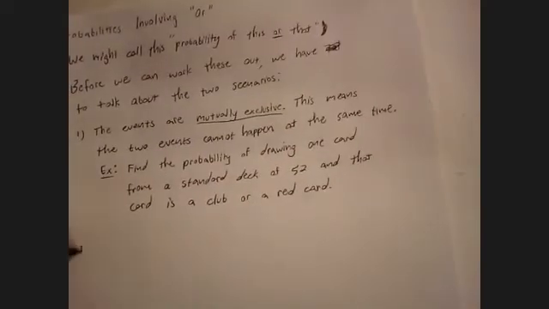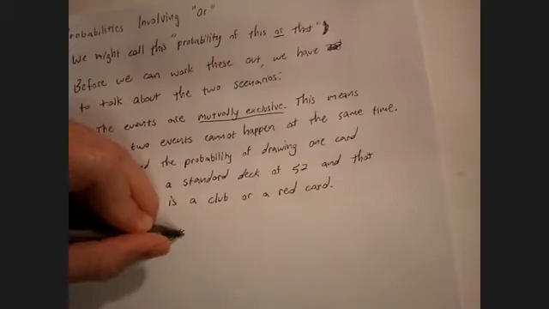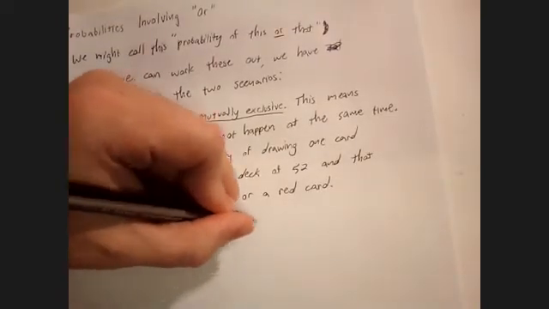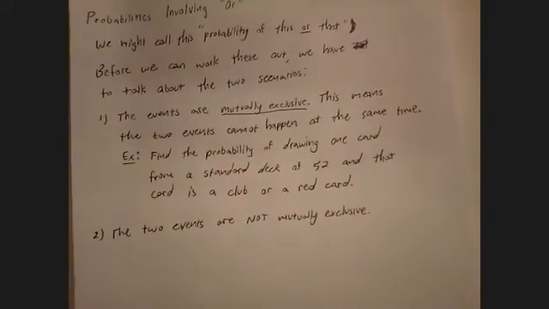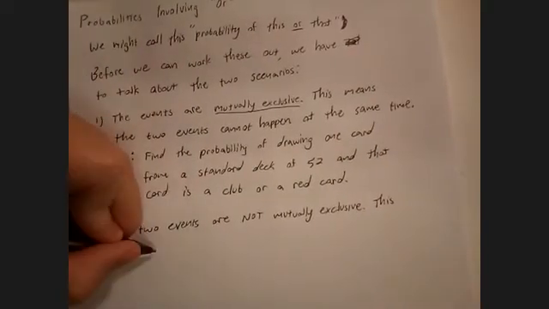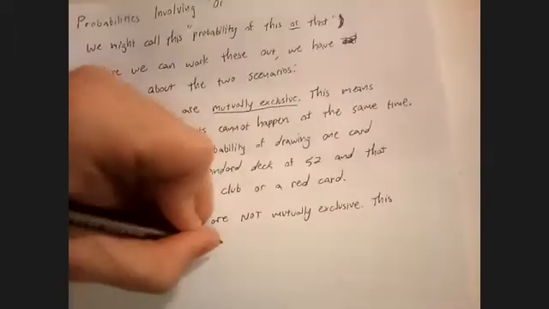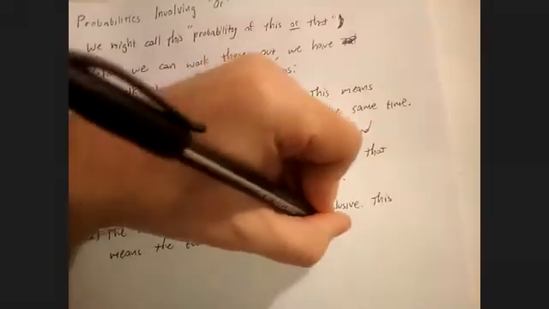Now, the other scenario is if the two events are not mutually exclusive. If the events are not mutually exclusive, that means that the two events could occur at the same time.